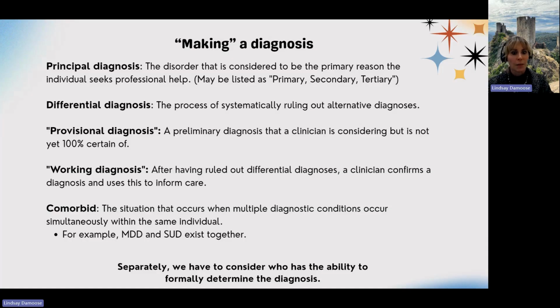Comorbidities, this is where we can have more than one diagnosis. So that would be that different diagnoses can coexist within the same individual. And it's really a matter of what are they coming in with that is the primary level of focus.